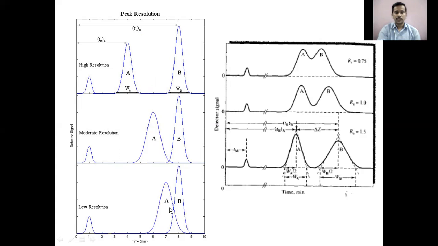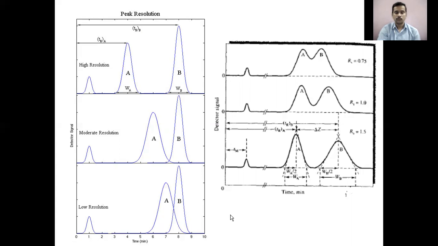If you look at this chromatogram, there are peaks for solute A and solute B. They're almost overlapped. The peak for solute A is getting eluted with the peak of solute B. The peaks are overlapped, meaning the elution of solute A and B is taking place together.